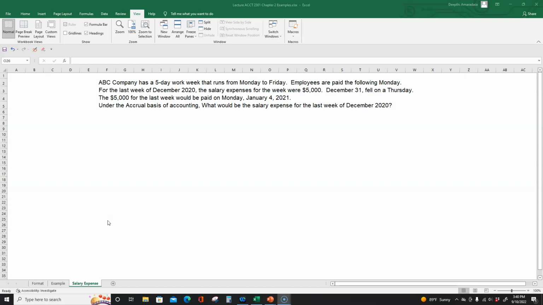The $5,000 for the last week of December would be paid on Monday, January 4th, 2021. They want to know, under the accrual basis of accounting, what would be the salary expense for the last week of December 2020. I'm going to first draw a timeline so you understand the question.